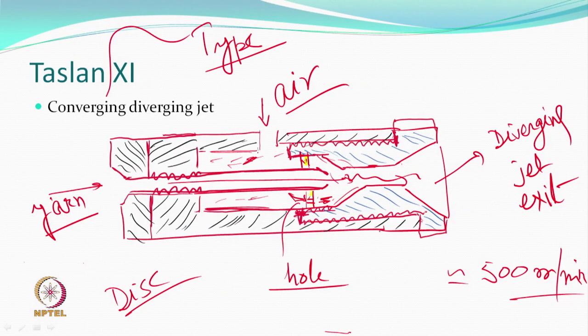Now, the whole chamber has been divided into two parts, where the air first collects, and then it can't enter from, let us say, this side, it is closed, it enters only from, let us say, this side. So, it is a disc, and the disc has a hole somewhere.